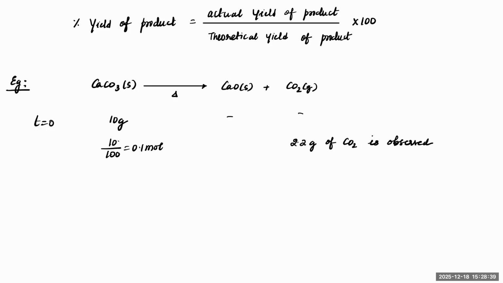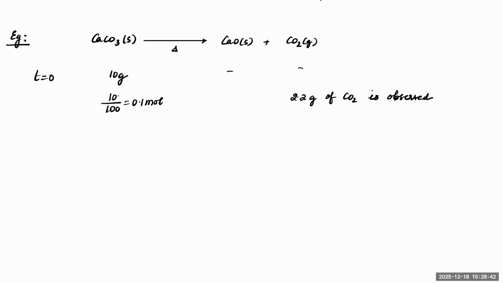This information will be given to you in the question. But what you would do is check what was the original amount of the reactant, and according to the stoichiometry, how much carbon dioxide you are supposed to get. See, 1 mole must offer 1 mole of carbon dioxide, which means if I have 0.1 moles, I must get 0.1 moles of carbon dioxide. So 0.1 mole of carbon dioxide implies I should get 4.4 grams of carbon dioxide.